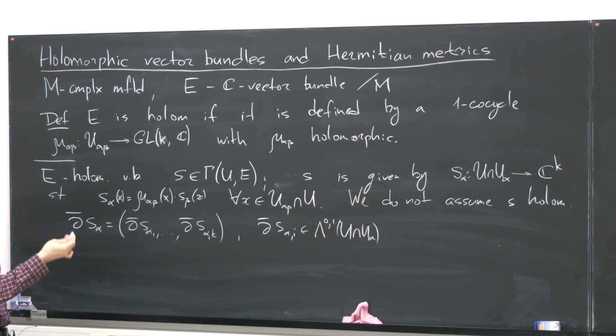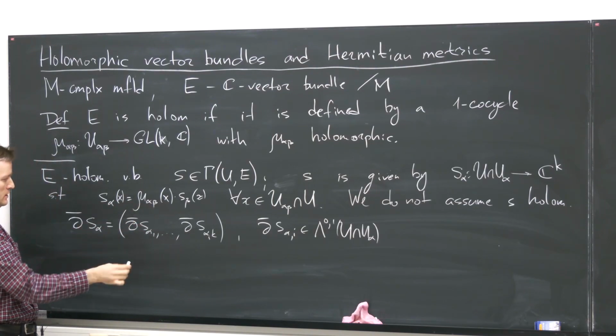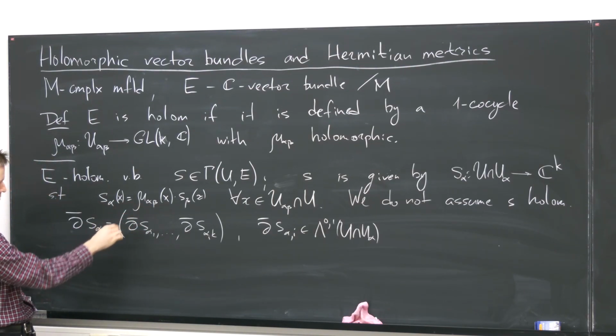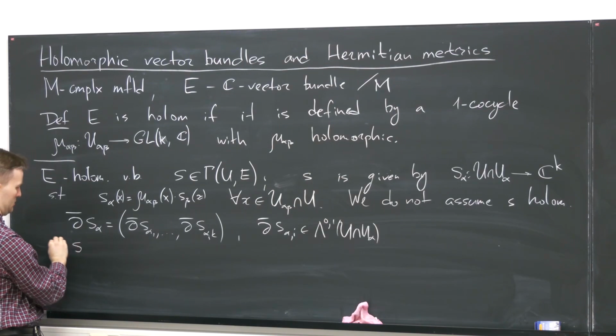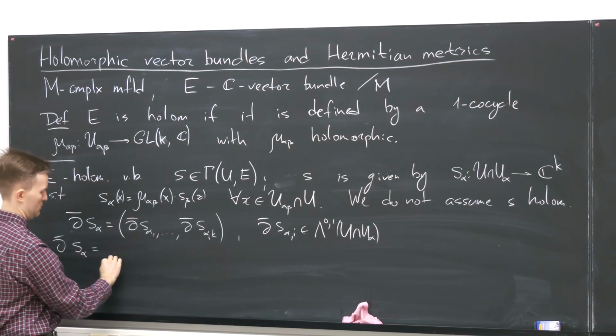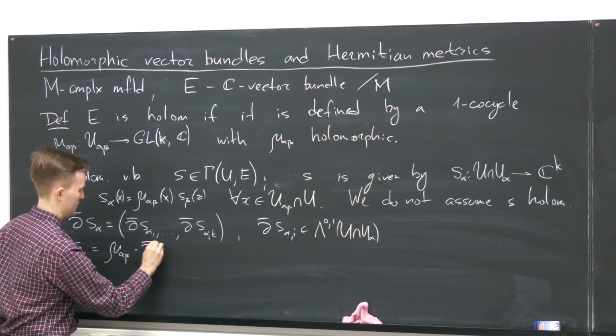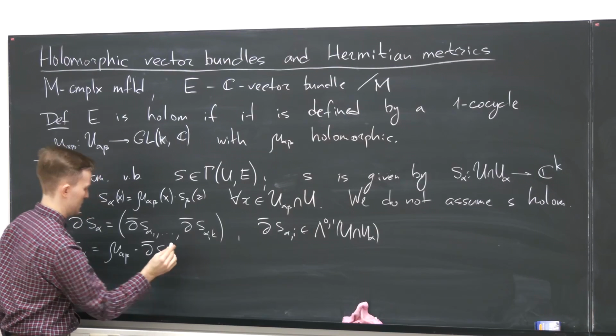And if now I look at this equality, then I observe that del bar S alpha will be mu alpha beta times del bar S beta, right?